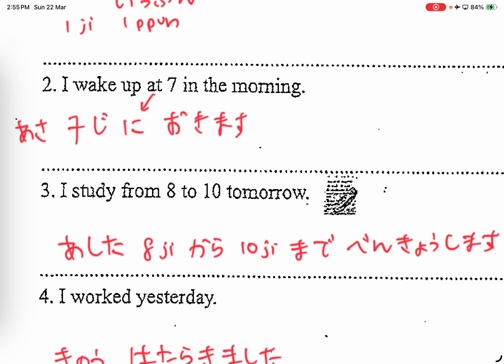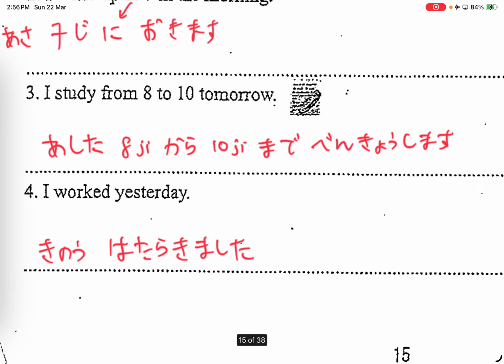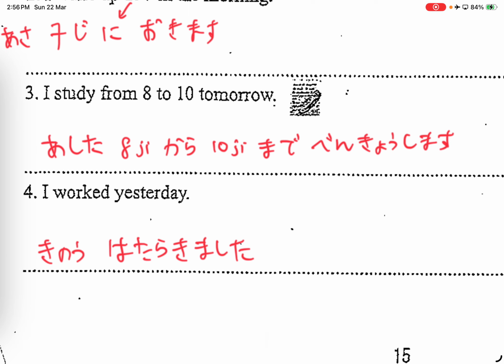Number 2, I wake up at 7 in the morning. 私は朝7時に起きます。 Asa is already morning, right? So 朝7時に起きます。I study from 8 to 10 tomorrow. 私は明日8時から10時まで勉強します。 So I will leave the subject as optional also, because probably we know who we are talking about in a conversation.